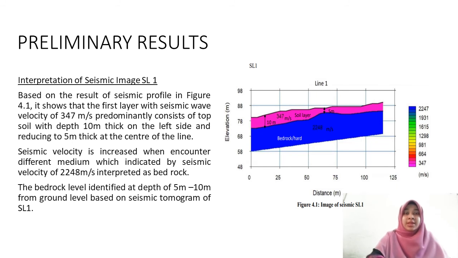Seismic velocity is increased when encountering different medium, which is indicated by seismic velocity of 2,448 m/s interpreted as a bedrock. The bedrock level identified at depth of 10 until 5 meter from ground level based on seismic tomogram of SL1.